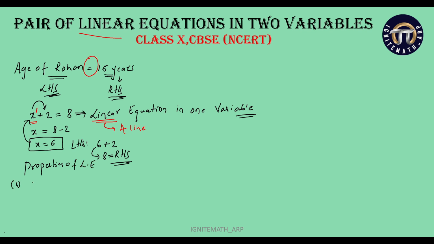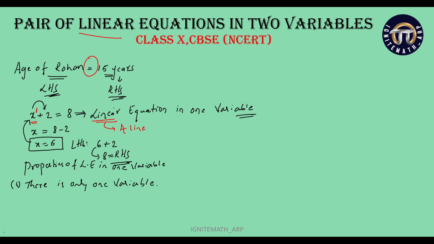What are the properties of a linear equation in one variable? As the name itself suggests, there is only one variable. You cannot say that I have an iPhone from Apple company.